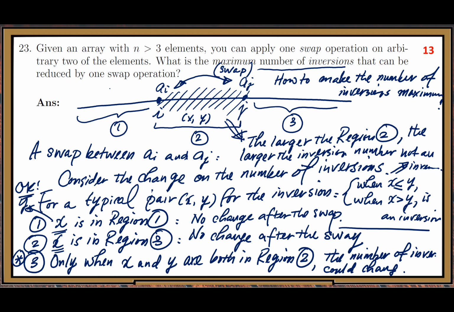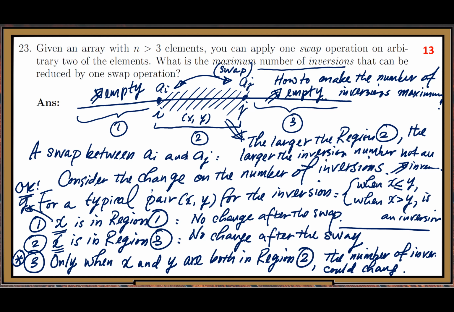That means region 1 is empty. We shrink region 1 to make it empty, the smallest possible region 1, and we also shrink region 3 to make it empty. Then the whole array belongs to region 2. The whole array elements belong to region 2.